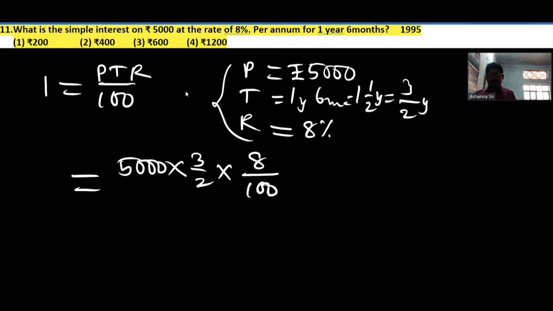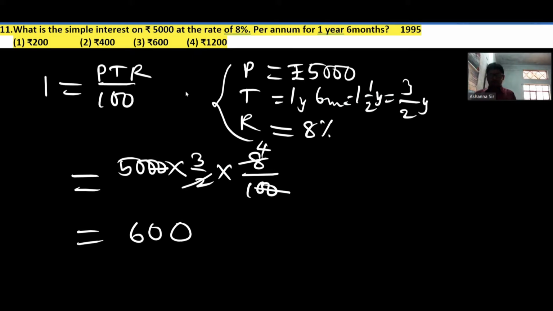We can write by 100. 2 zeros get cancelled. 2 ones, 2 fours, 3 fours are 12, 12 fives are 60.